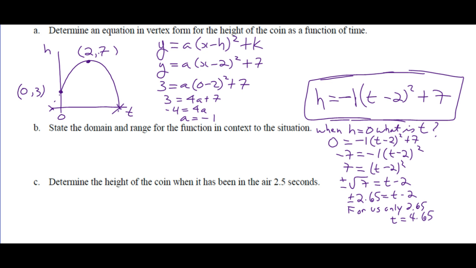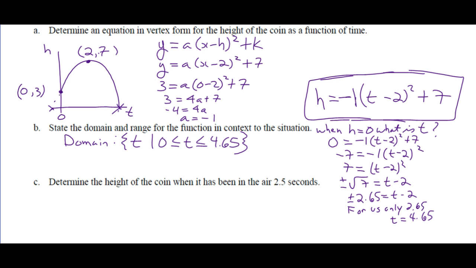All right, now we're ready to do our domain. So what's our domain? Domain is the set of all t's such that, now again, I'll let you get away with just writing the next part, but I'm writing the full thing here. So t goes from 0 up to 4.65. So 0 is less than or equal to t, which is less than or equal to 4.65.